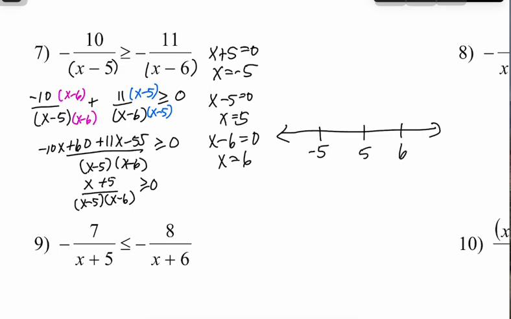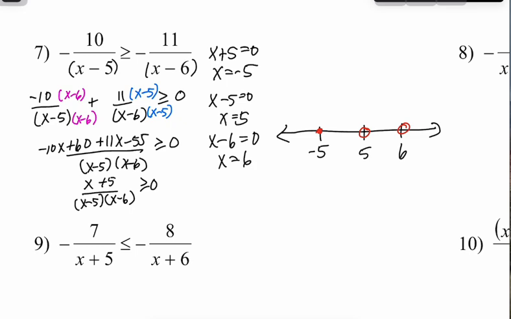Remember, our top factor was the x plus 5. That negative 5 has an equal to symbol, so we're going to color our negative 5 in. But the two factors that came from the bottom, positive 5 and positive 6, zeros can never happen in our denominator. Always make them an open circle. So top ones are determined by the symbol in the problem. Bottom ones are always open.